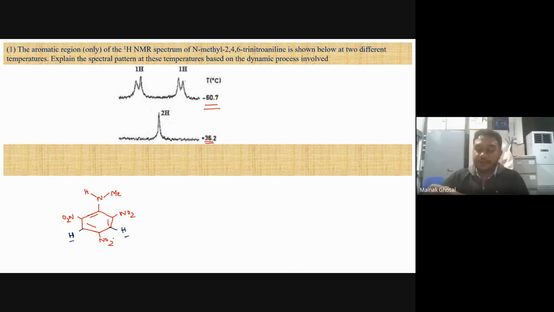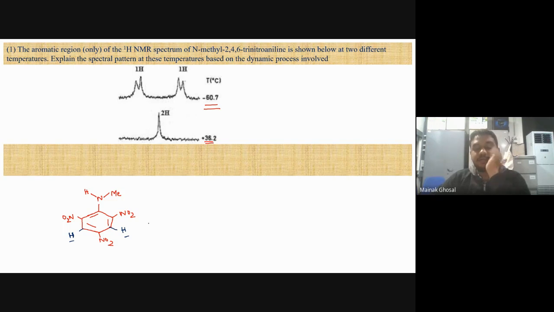Whereas at low temperature we can differentiate these two protons, as the transition is very slow. Why is it slow? Your answer is correct.